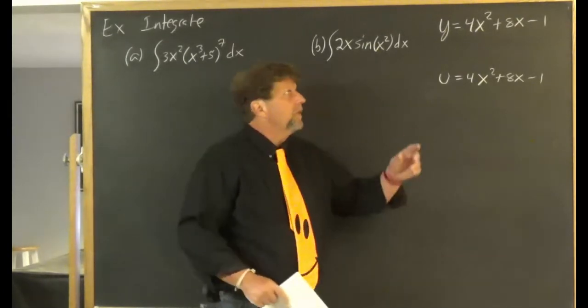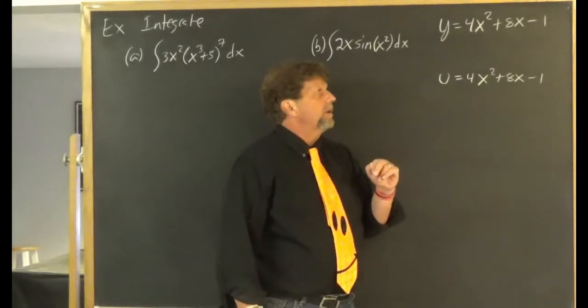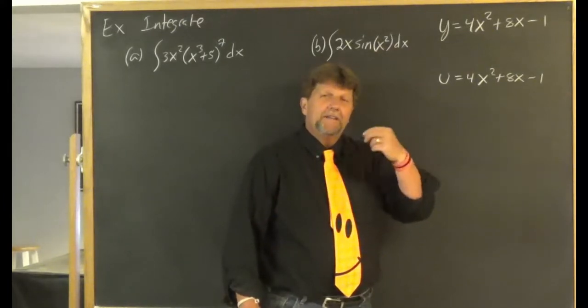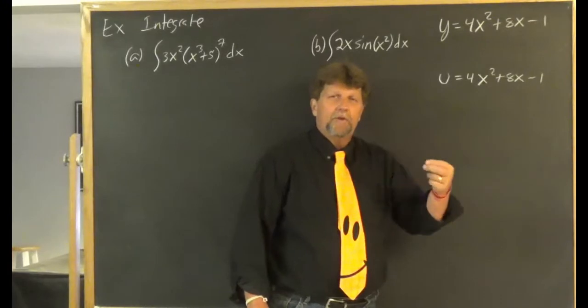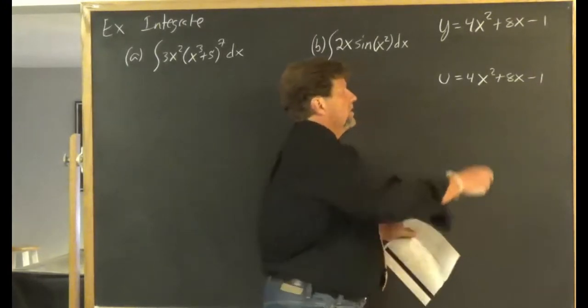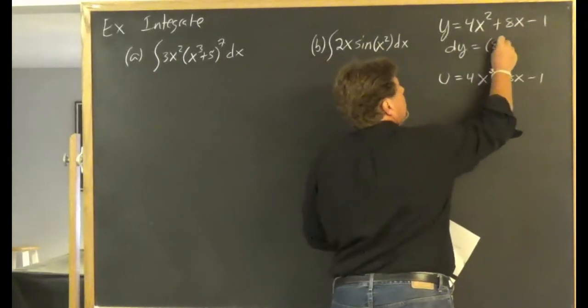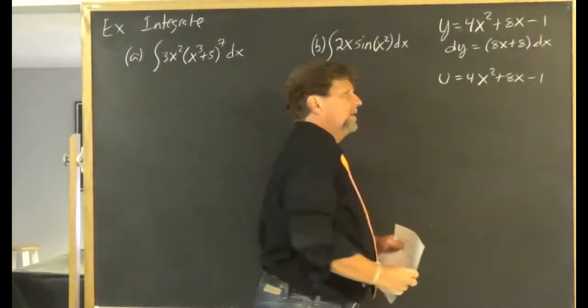But before I do that, I wanted to review something earlier in the semester. If you're given a function y equals 4x squared plus 8x minus 1, remember that you can find the differential dy. Remember, dy equals f prime of x dx. So we would have dy equals 8x plus 8 dx.